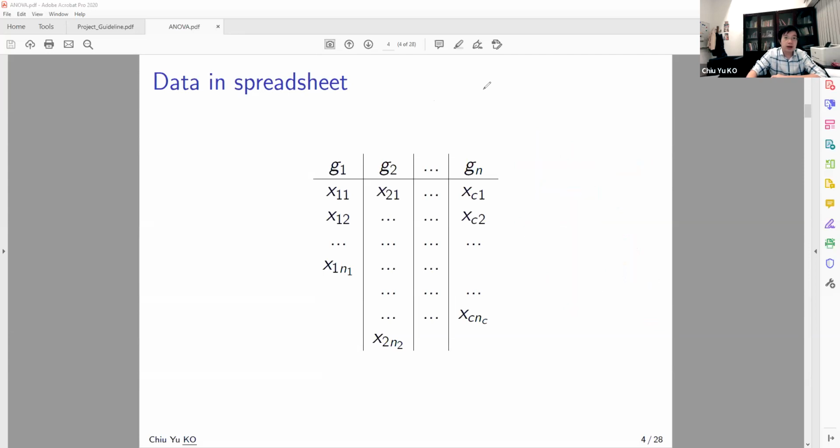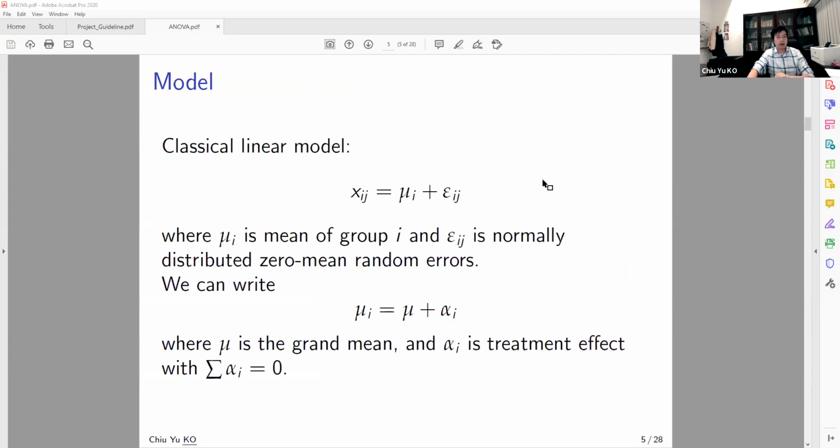Thank you. So quickly to the model, because it's actually similar to what we saw in testing whether the means are the same, right? It's basically very similar to the idea of testing the mean, okay? Two-sample tests, but we extend to more than that, okay? And this is the classical model.